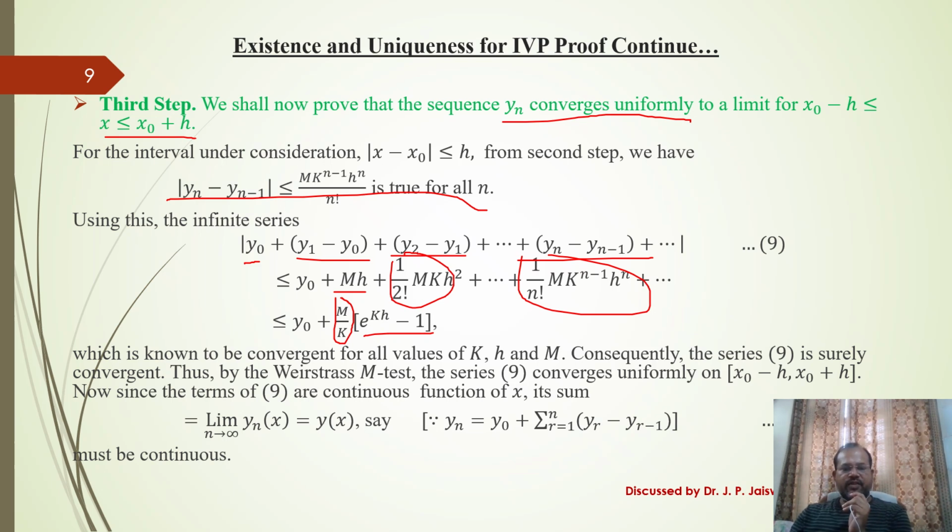So here we will see that this sum is always finite for finite values of K, h and M. So the series of M is convergent, and as we saw by the Weierstrass test, series 9 converges uniformly. Why does it converge uniformly?